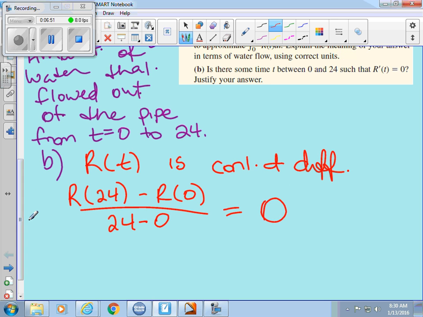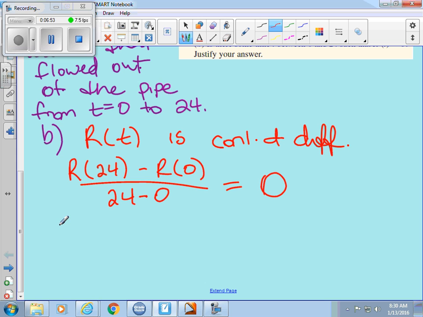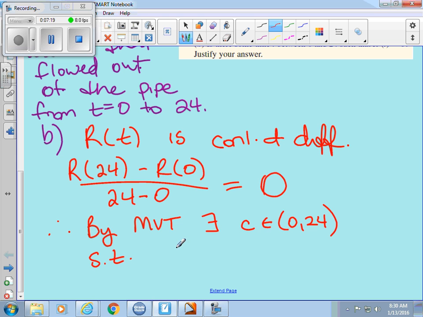You just say that equals 0. Therefore, by the mean value theorem, there exists a C between 0 and 24. I am using mathematical notation here. Can you use words? Absolutely. I'm lazy, but if you would rather write that out, that's fine. Such that R prime of C is 0.